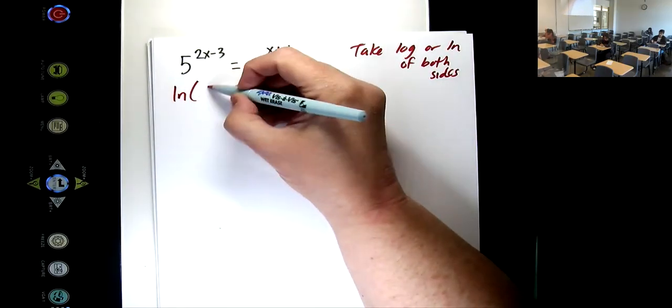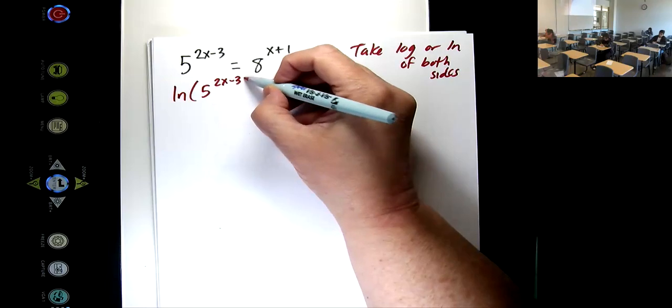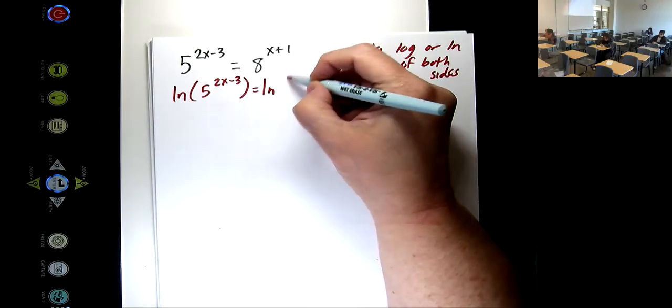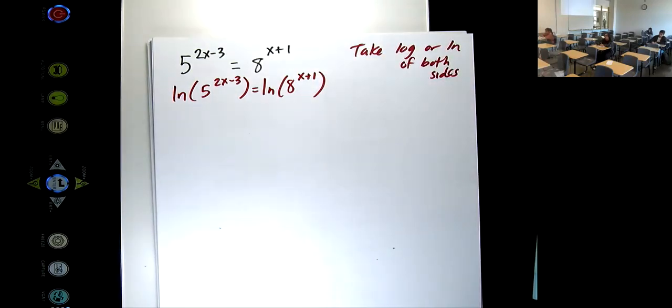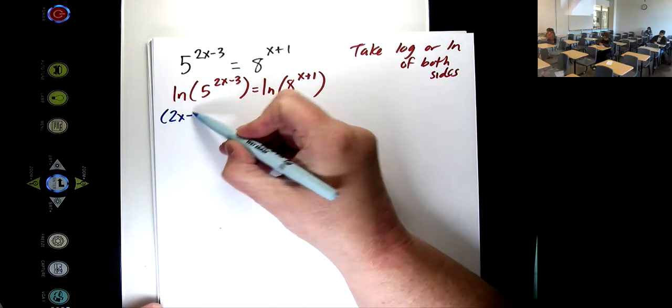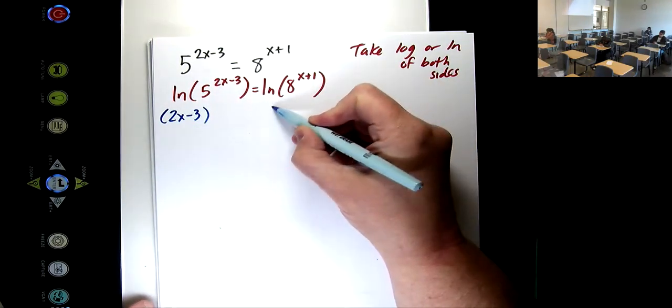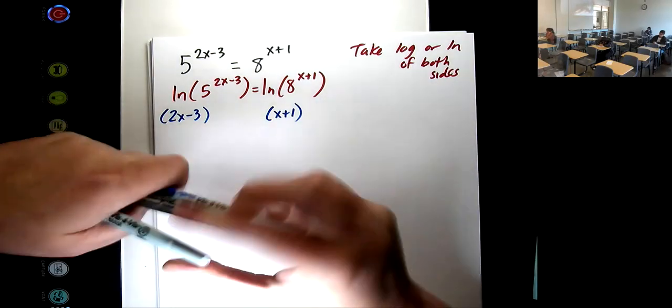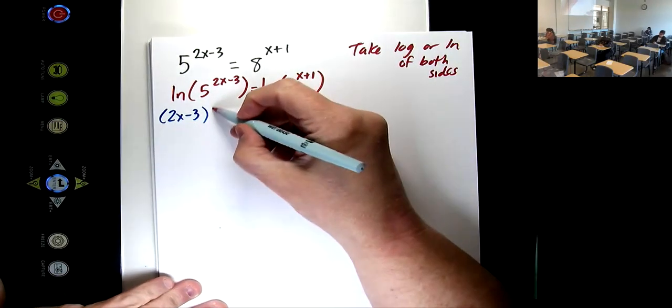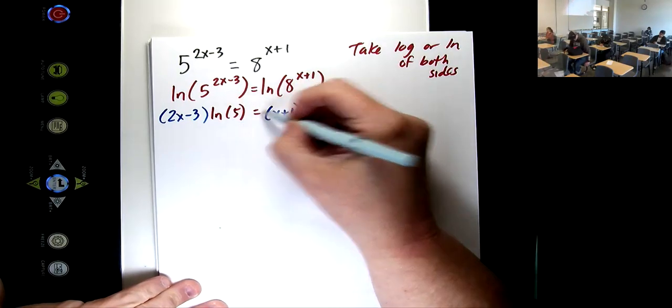I'll do logarithm or natural log, because I want you to get used to using both. Now we can use our exponent rule and bring down the 2x minus 3, and we can bring down the x plus 1. And it leaves ln of 5 and ln of 8.